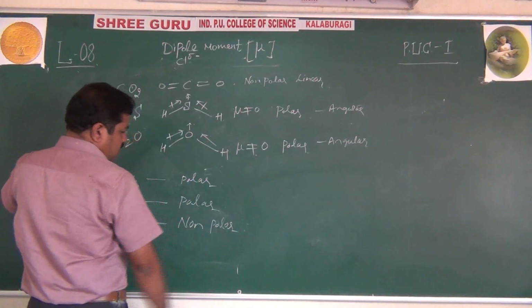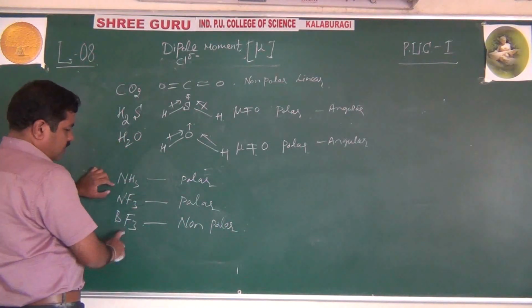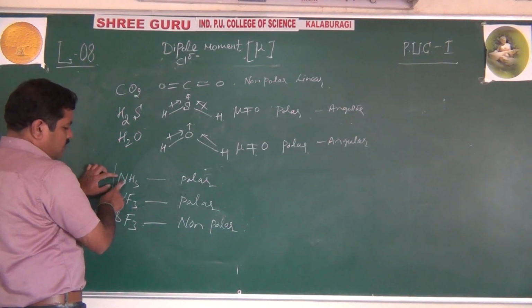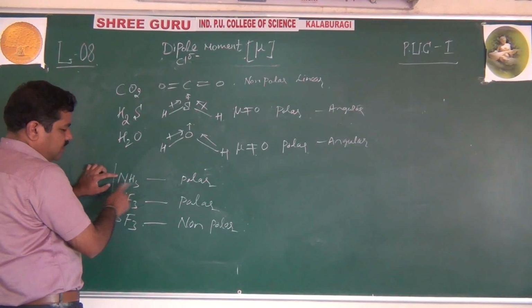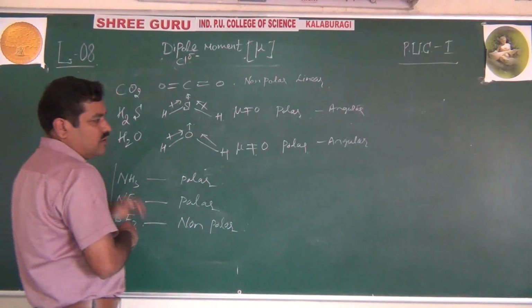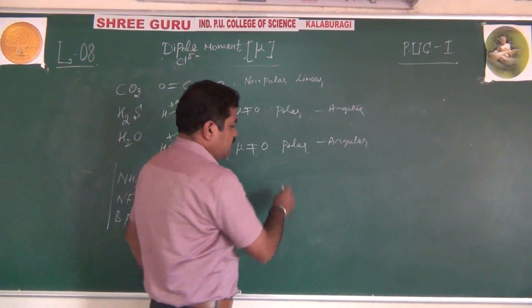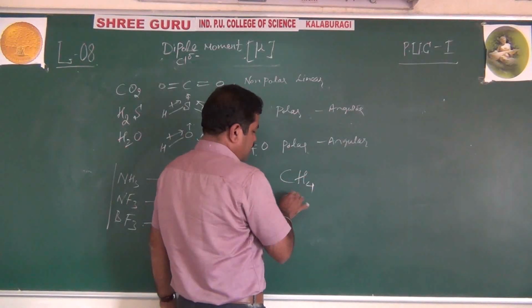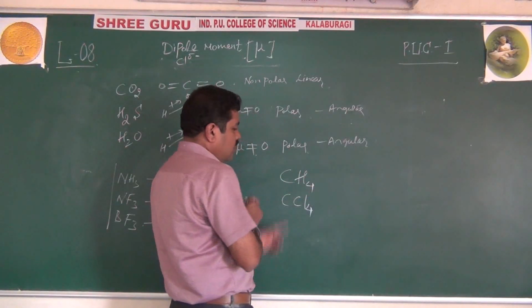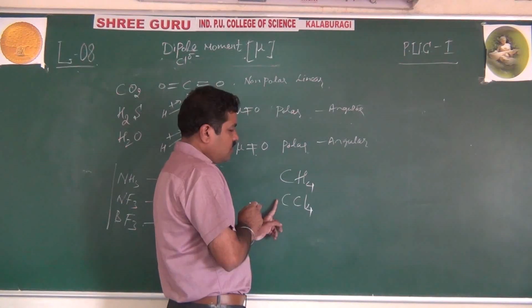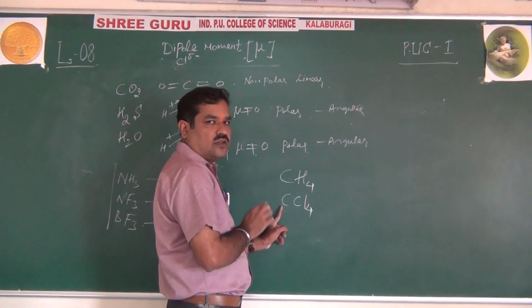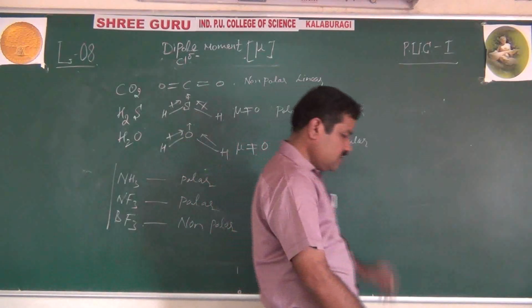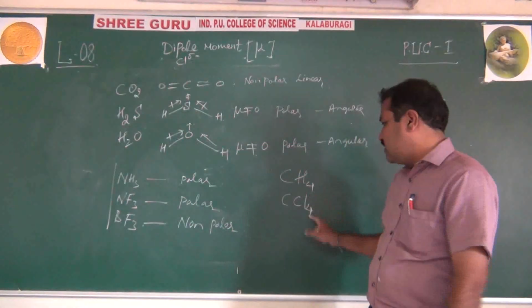This is AB3 kind, pyramidal, and this is trigonal planar. Just now I gave you AB4 examples like ethane, CH4 and CCl4, non-polar due to symmetry, with tetrahedral structure.